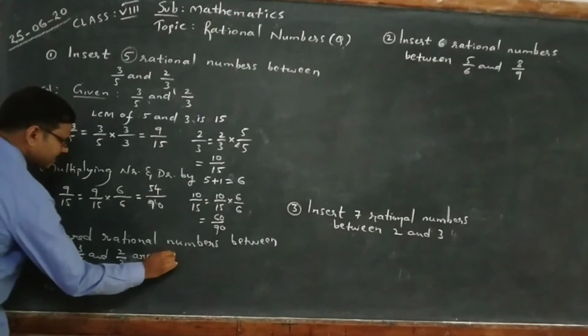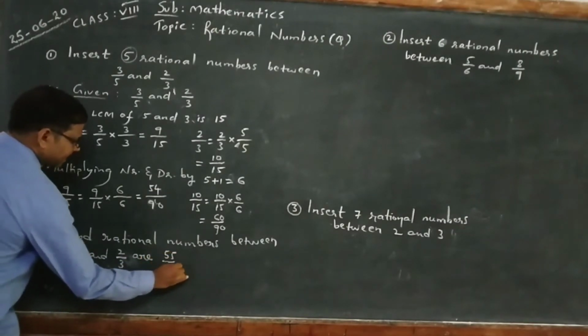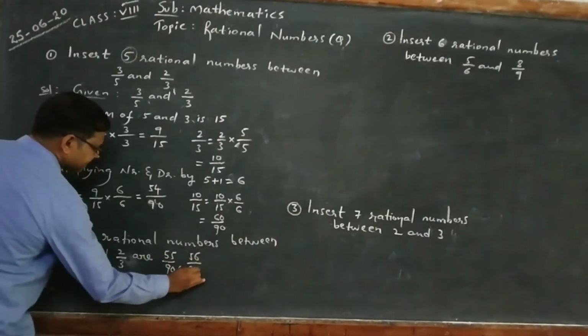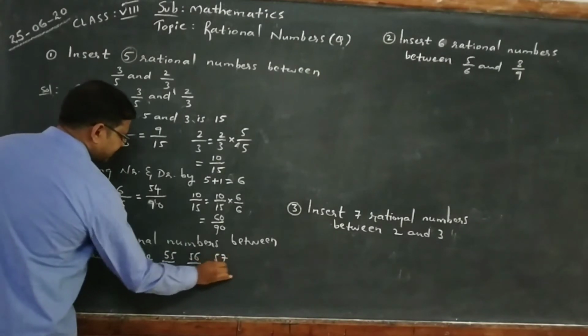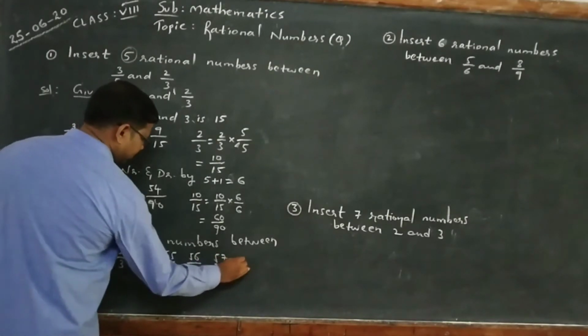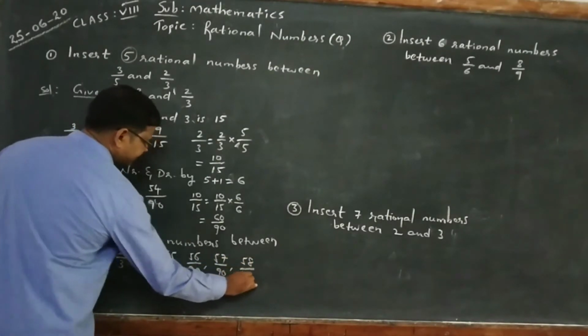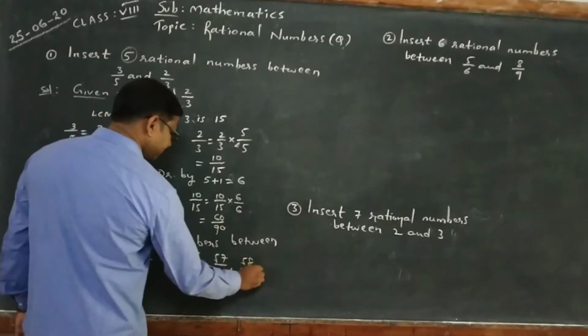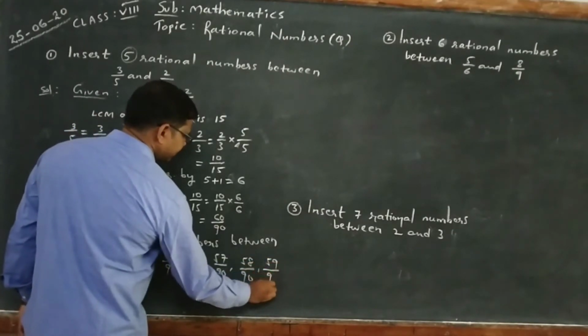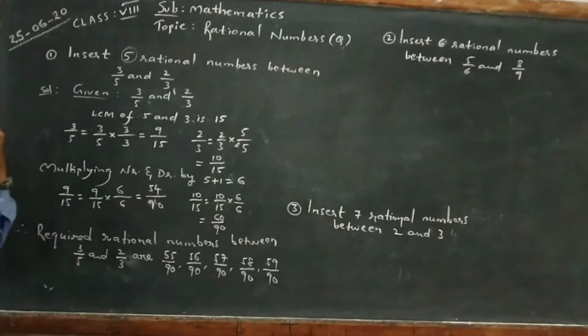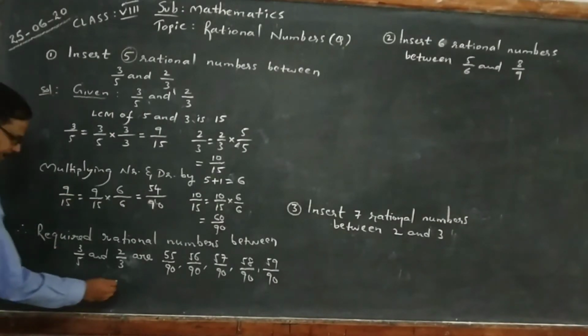54 by 90, next one 55, 56, 57, 58, 59 by 90. Okay? Any 5 enough.